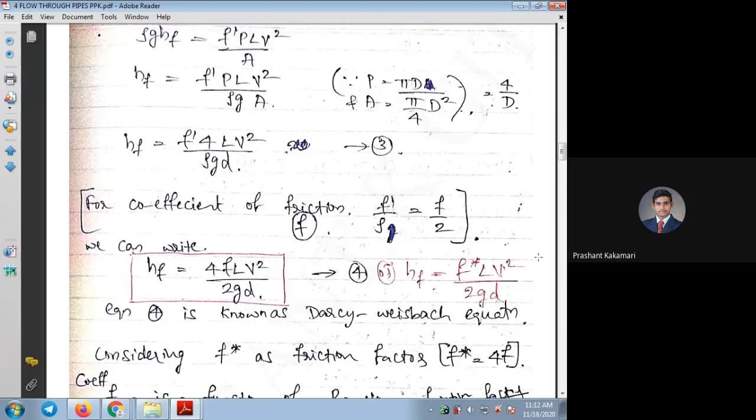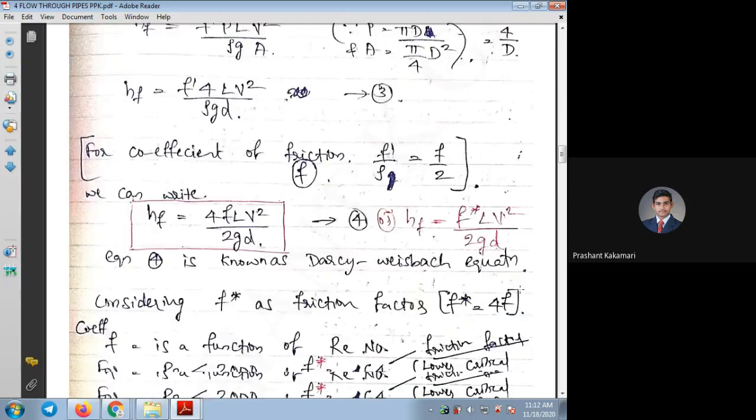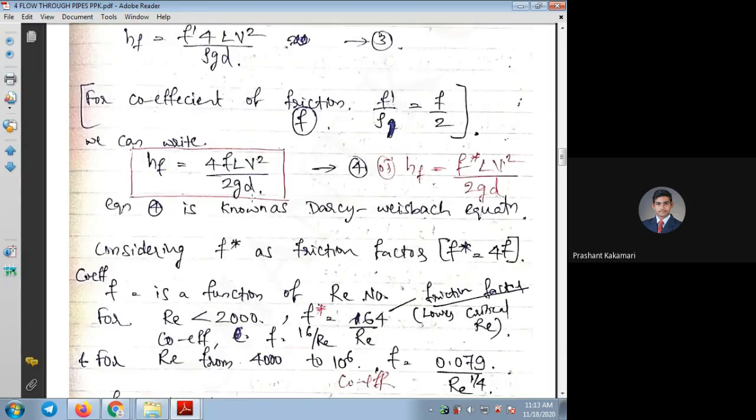One more term is the frictional resistance. Next is the frictional force. So these are the three terms they have recorded in this derivation. So in the derivation you can either write 4 f L v square by 2 g d, or you can write f star into L v square by 2 g d, where f star is the friction factor, which is 4 times the coefficient of friction.